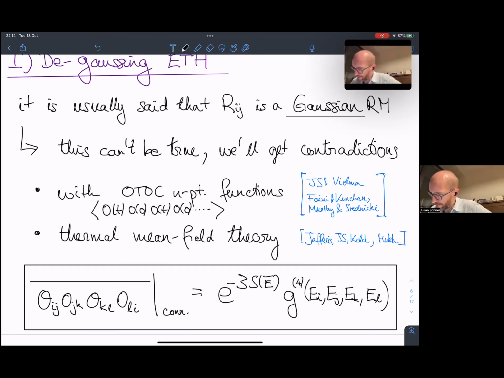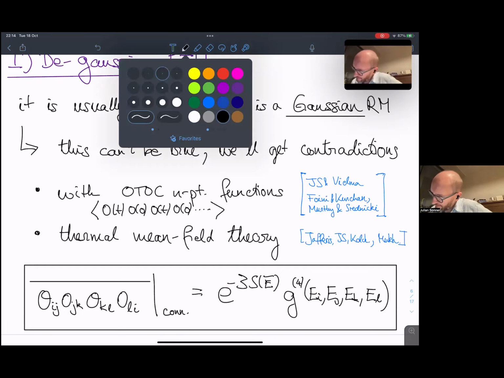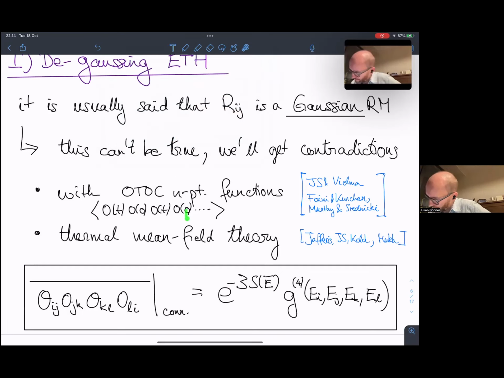Typically people write them as ABAB, with two operators. But the feature is that you go forward in time, backward in time, and forward in time, and you might have many of these sequences. These are strange correlation functions, but they are interesting because they capture features of the quantum chaotic nature of the system.